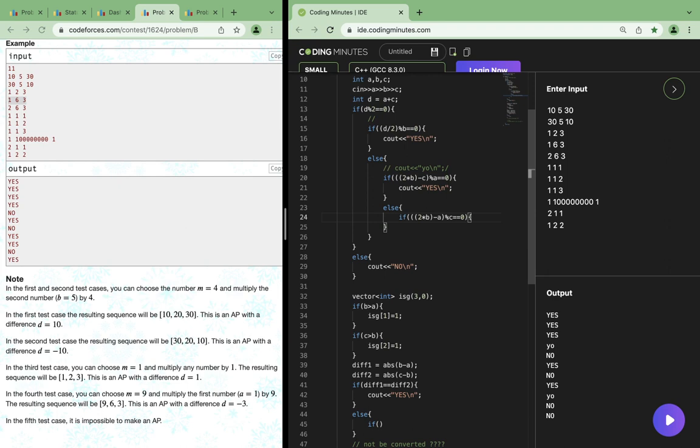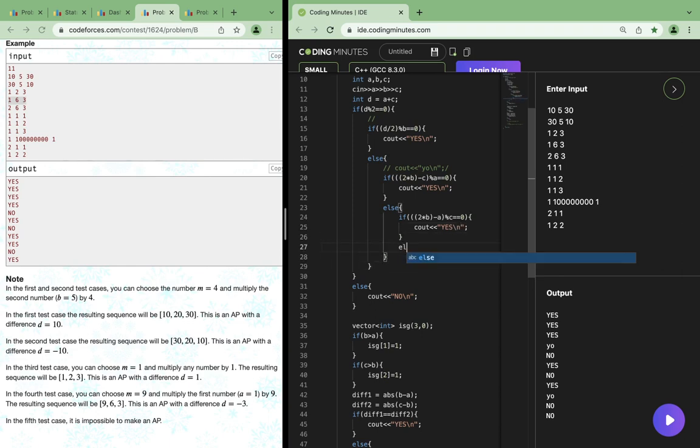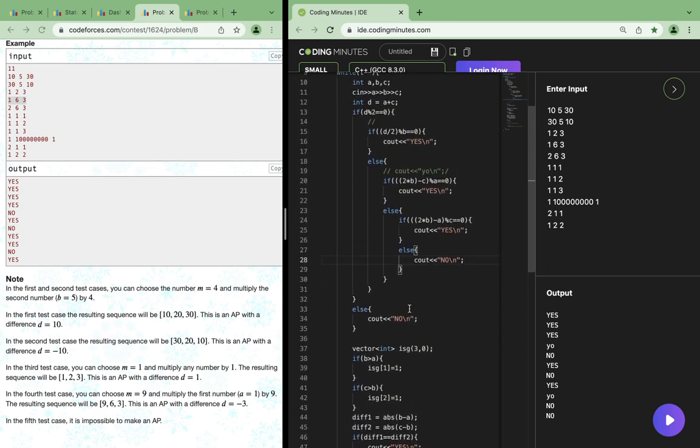If we can do this, then also we can say that yes, we can. And if all of this fails, then we say no. Looks good to me, but can be anything.